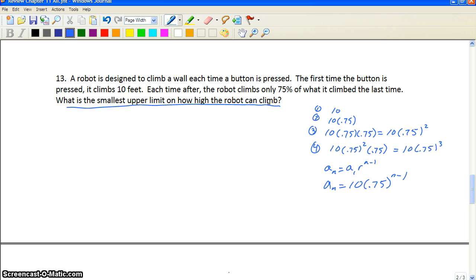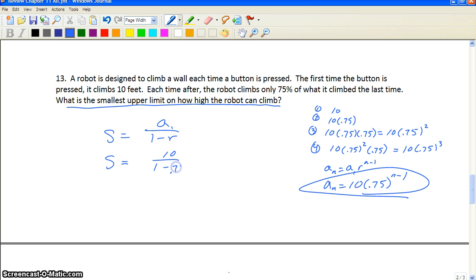Now this question was the smallest upper limit on how high the robot can climb. What that means is how high is the robot going to climb if you keep pressing the button to infinity? Which means we're talking about an infinite geometric sequence, where this is the equation that defines it, and this is going to be the amount of distance the robot can absolutely climb towards the end. A sub 1 is going to be 10, and we do 1 minus 0.75, and we get our answer.